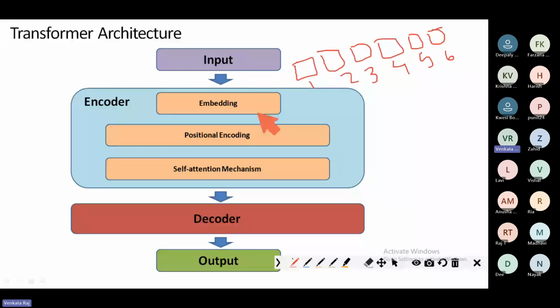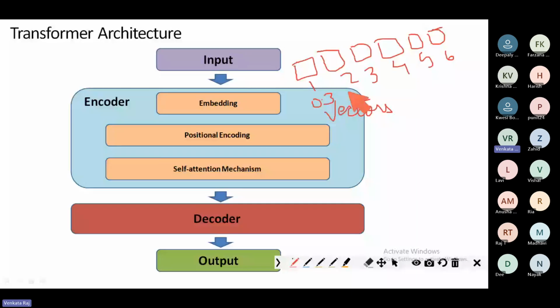Then, because the mathematical models and algorithms have been written, by analyzing the tokens, the encoder, as part of positional encoding, will assign positional vectors. Vectors are again mathematical values like 0.3, 0.5.